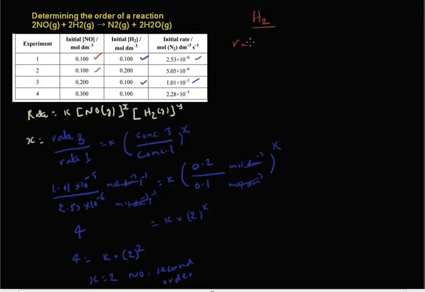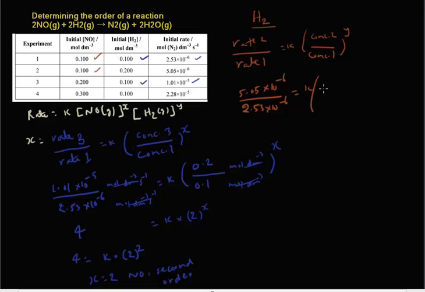I'll say rate 2 divided by rate 1 equals the rate constant K, concentration 2 divided by concentration 1, to the power Y. So rate 2 is 5.05 times 10 to the negative 6 divided by rate 1, which is 2.53 times 10 to the negative 6, equals K, and concentration 2 is 0.2 divided by concentration 1, which is 0.1, to the Y. So this is approximately 2, K times 2 to the Y. So basically Y is 1.